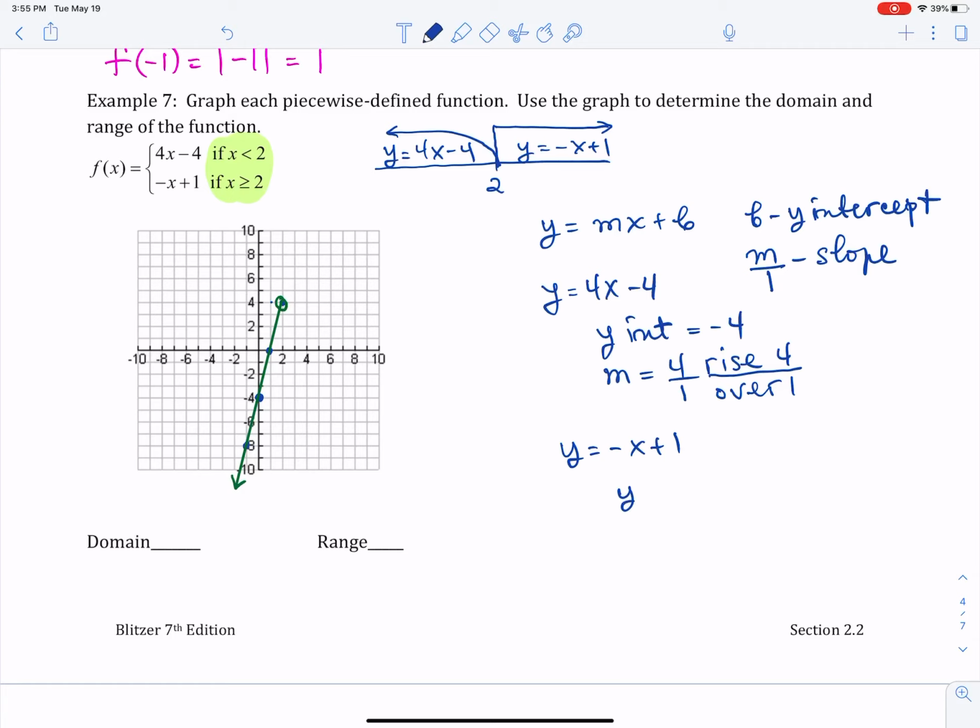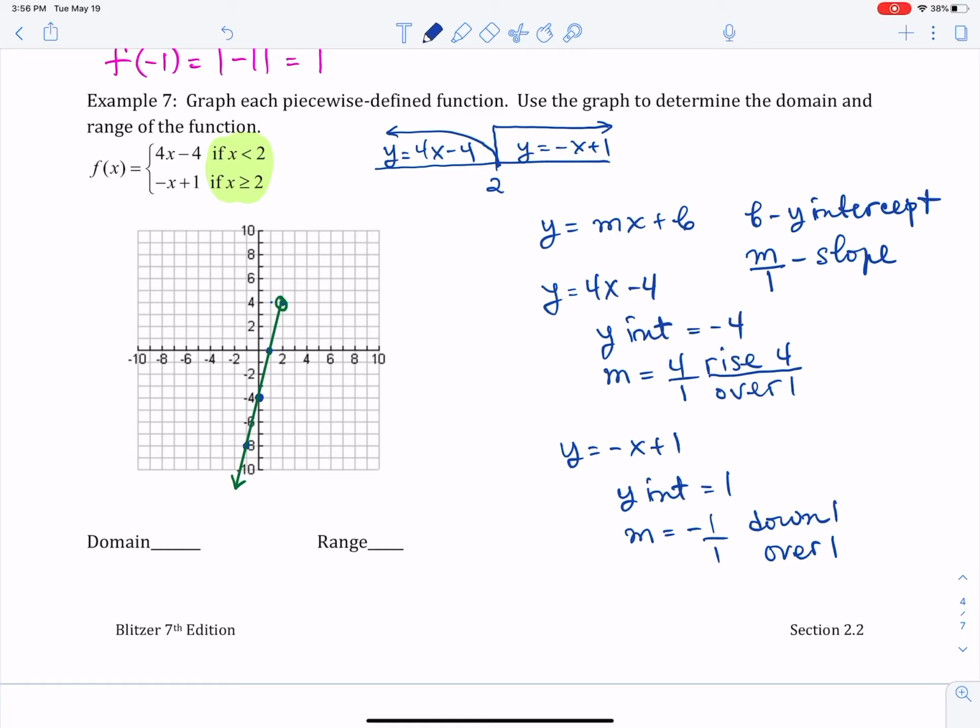Here the y-intercept is going to be 1 and the slope would be negative 1 over 1, which means down 1 over 1. That's a little bit inconvenient because I'm going to start from the y-axis, but remember the y-axis is not included. My graph is supposed to start from 2.